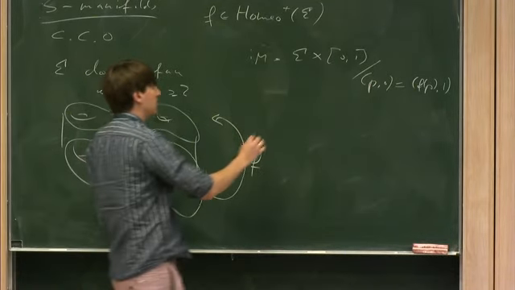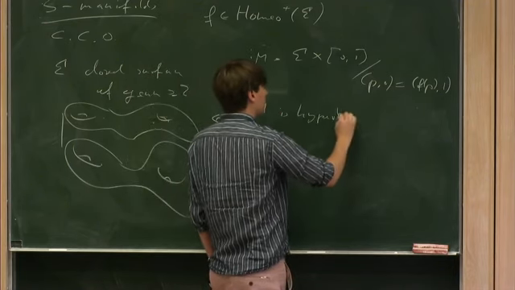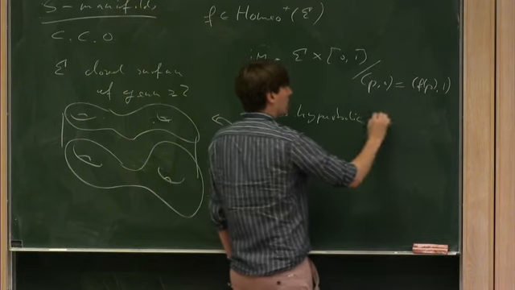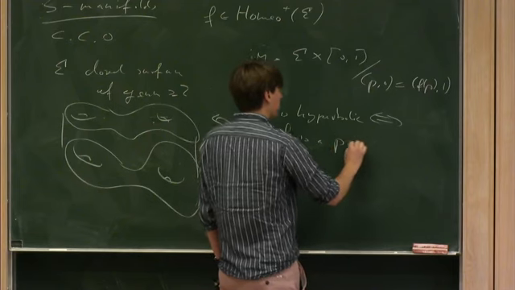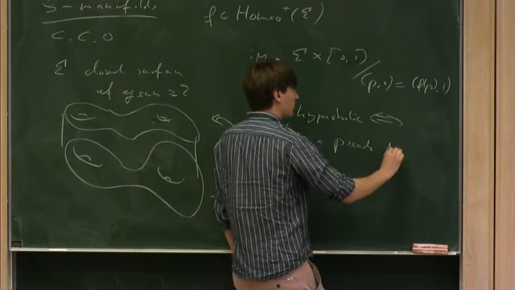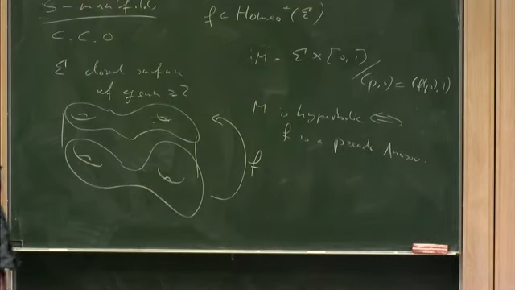And this manifold M is hyperbolic if and only if F is a pseudo-Anosov mapping class. So if you don't know what pseudo-Anosov means, then this is the definition. If you do know, this is a theorem.